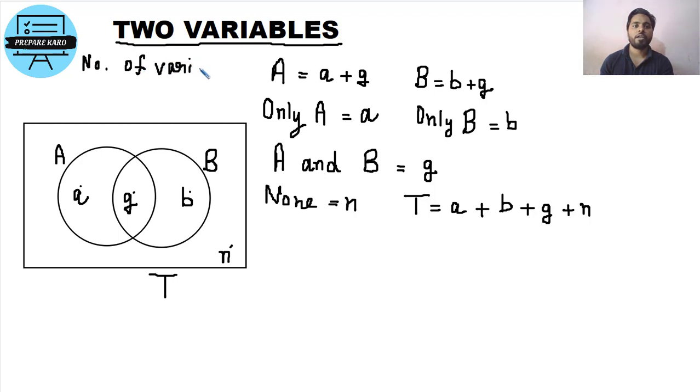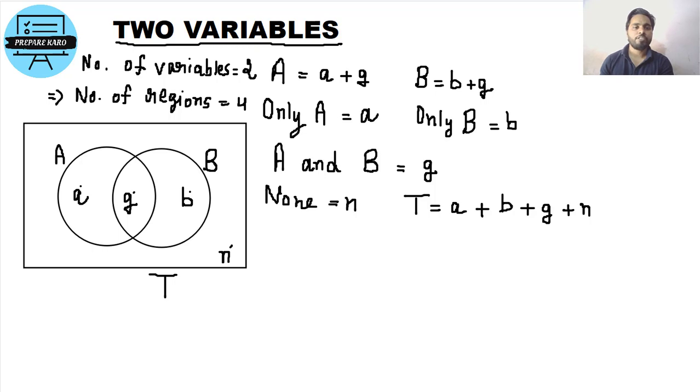Variables means capital A and capital B type. Number of variables is equal to 2 and number of regions is equal to 4. Which regions are we talking about? Small a, small b, small g, and small n. These are the 4 regions, right?